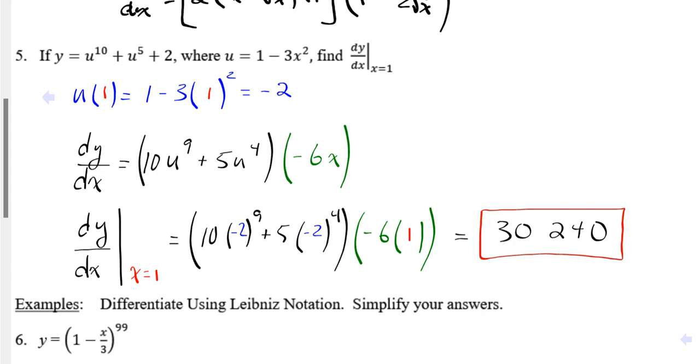Plug in the values, evaluate, and that's giving us the slope of the tangent line of this y function when x is equal to 1. So it's super steep. Okay, good with number 5.